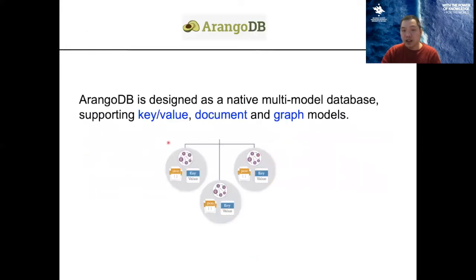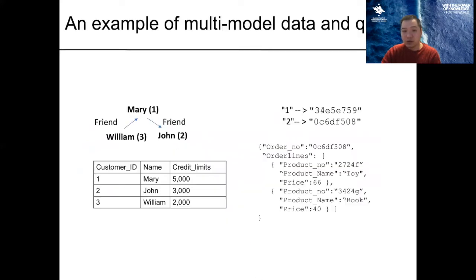ArangoDB is designed as a native multimodal database, supporting key value, document, and graph models. Suppose we have a graph in a social network, and a customer table with credit limit information, and two key value pairs of mapping between the customer ID and the order IDs, and a transaction order in JSON format.